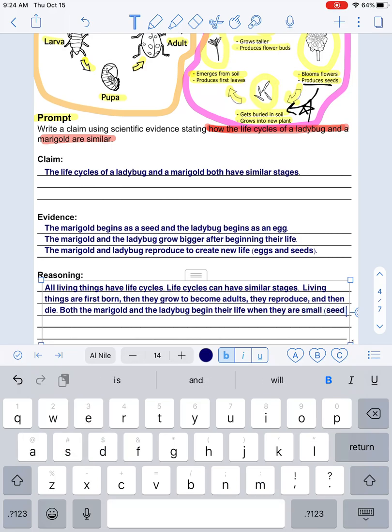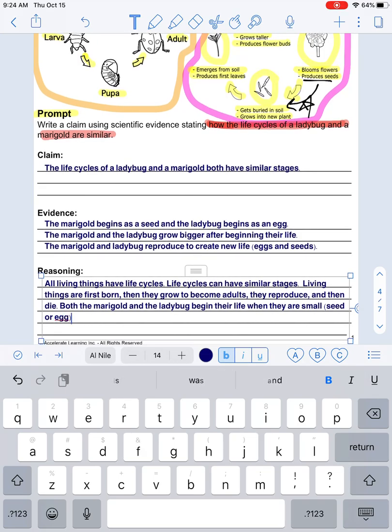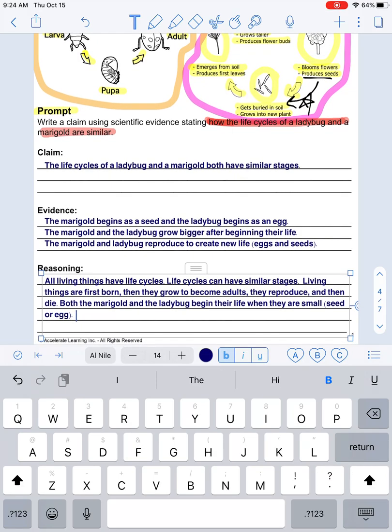All right, seed or egg. We know that both of them then move on to grow up a little bit.